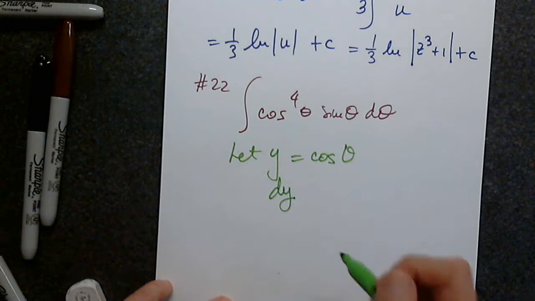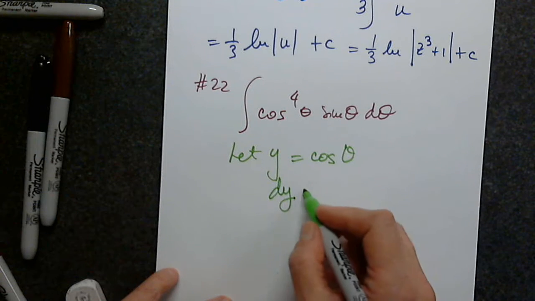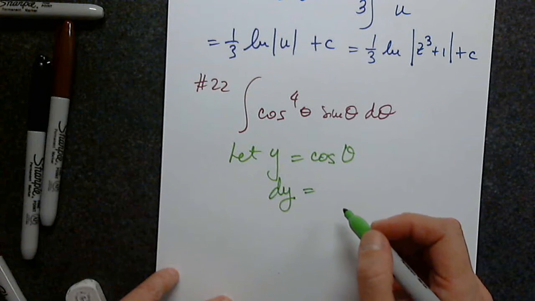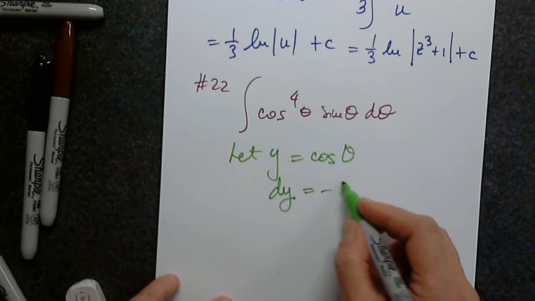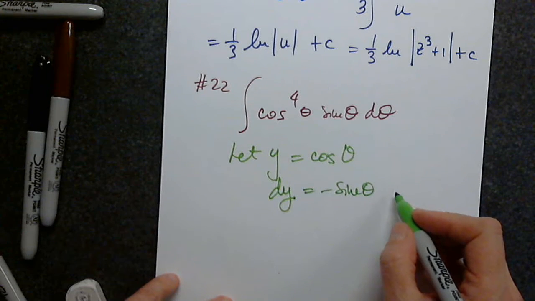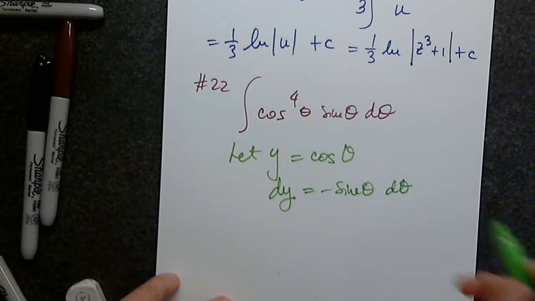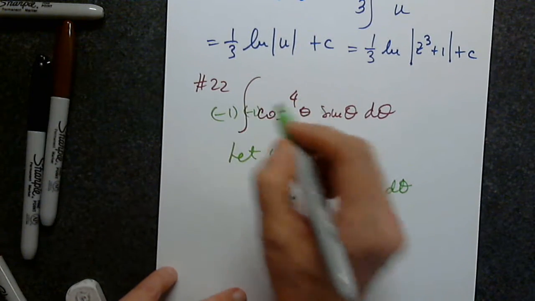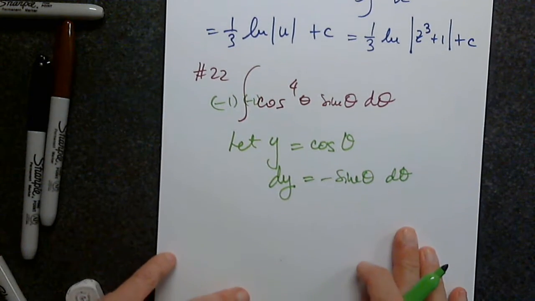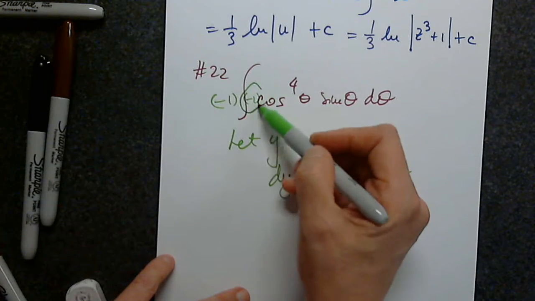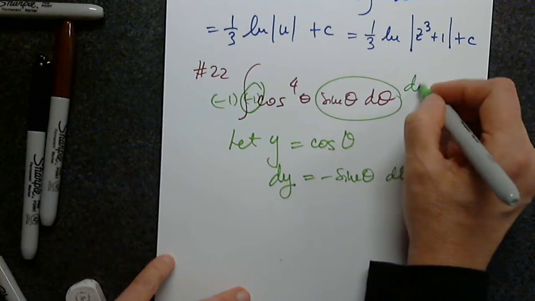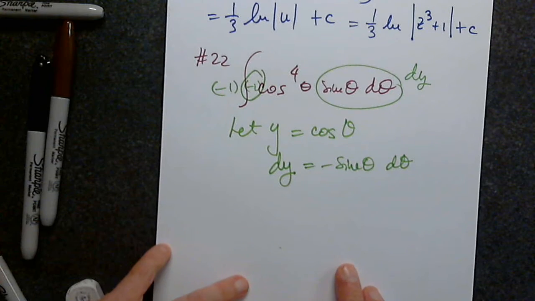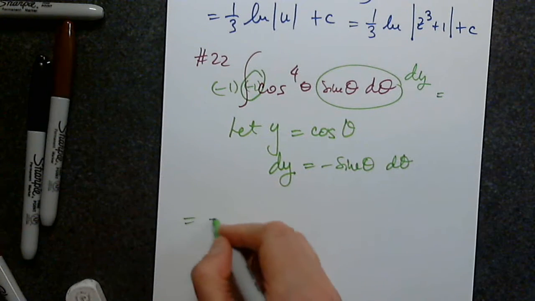Only if dy, which is the differential of y, which is negative sine theta d theta. Very good. It is in the problem. No problem. Just have to multiply by -1 twice. And now this piece with this piece is dy. So the answer will have a minus in front.